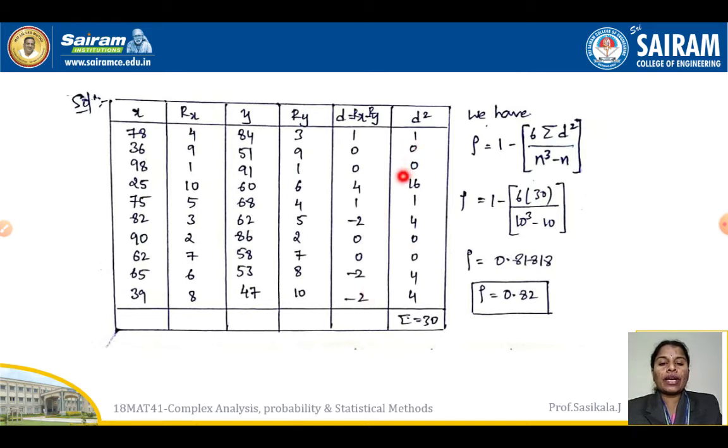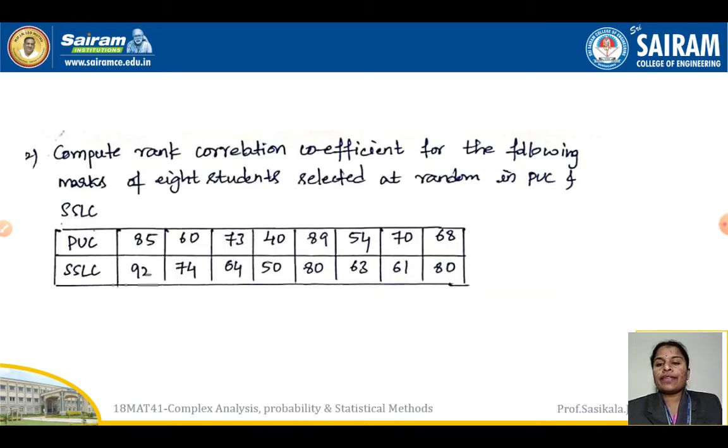D squared, taking the square: 1, 0, 0, 16, 1, 4, 0, 0, 4, 4. So the summation of D squared is 30. Rho is equal to 1 minus 6 into summation D squared by n cube minus n. Substituting, you get the rank correlation value as 0.81818.